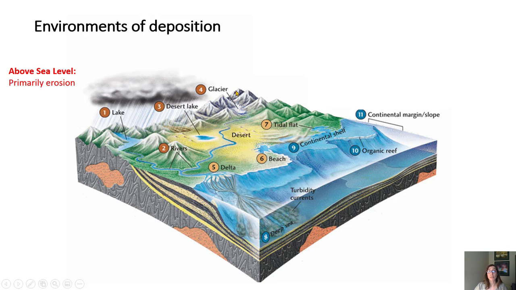These are all places where deposition is happening. However, the primary thing that's happening in the terrestrial realm on land is erosion. This is in contrast with below sea level, where primarily we have deposition. So our beach sediments, continental shelves, reefs, the continental margin and the slope in the deep sea, full of turbidity currents, this is where we primarily have deposition happening.